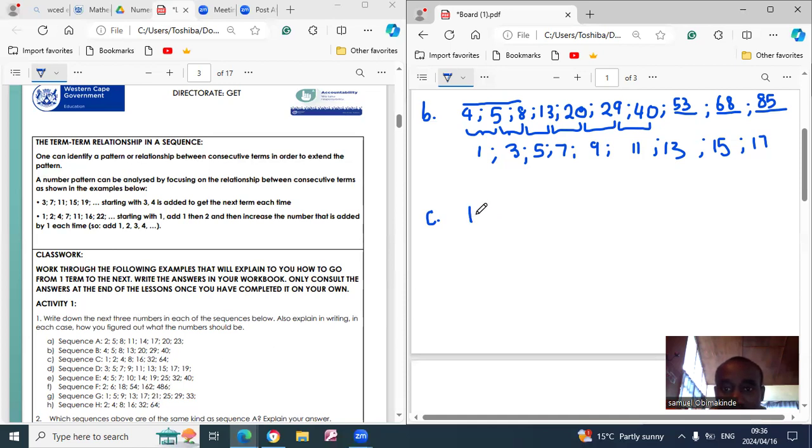So for that third sequence, you have 1, 2, 4, 8, 16, then 32, then 64, and they want you to give the next 3 numbers in the pattern.